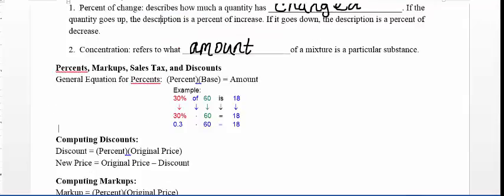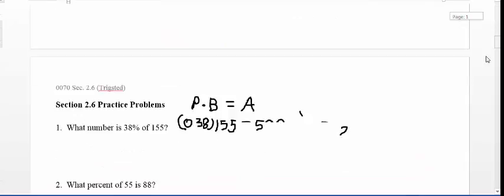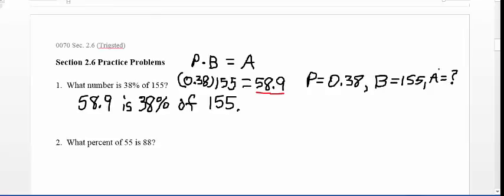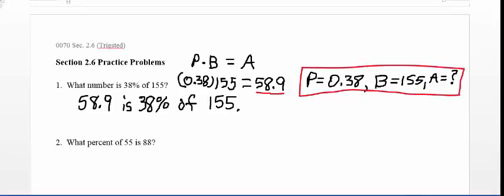In this case, you have that the percent, which is 0.38, and the base, which is 155, and it's A that you're trying to find. So I'd like for you to write that as an initial step in your problem, and I think you'll find that helpful.